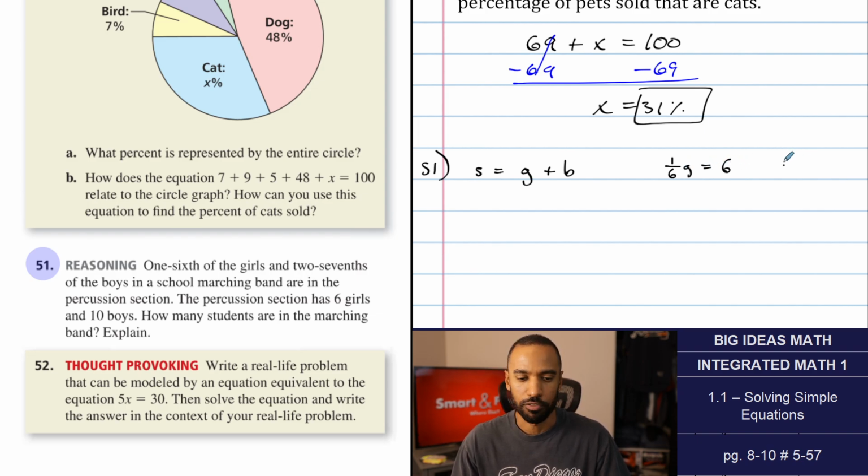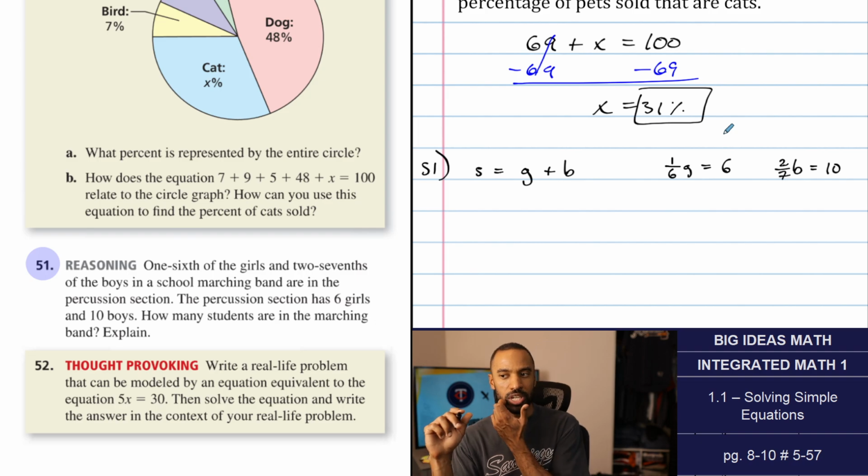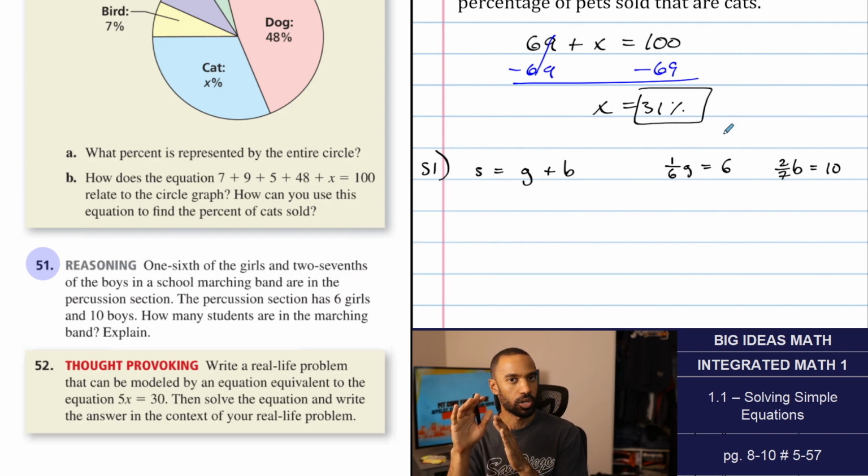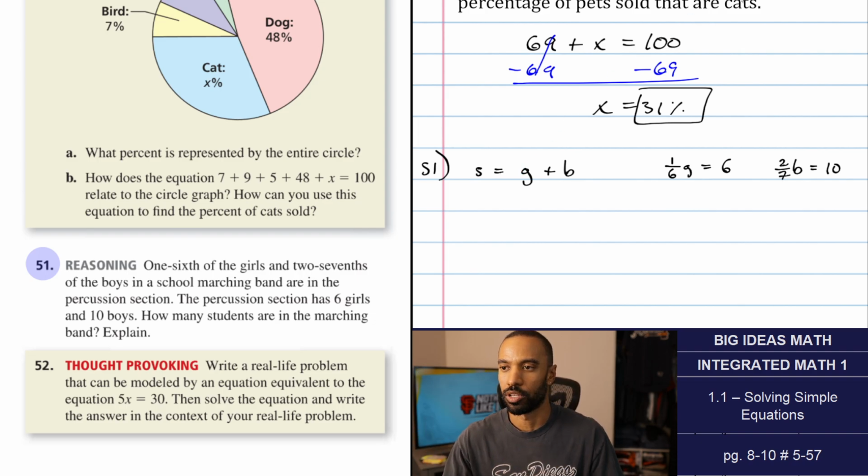I'll also have an equation for boys that says 2/7 of all the boys, or 10 of them, are also in percussion. I'm going to solve for G and B to figure out how many girls and boys there are in the entire marching band.